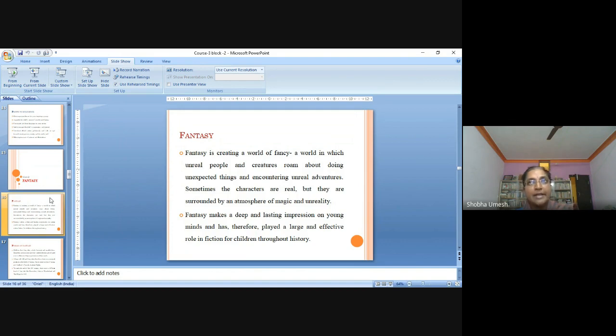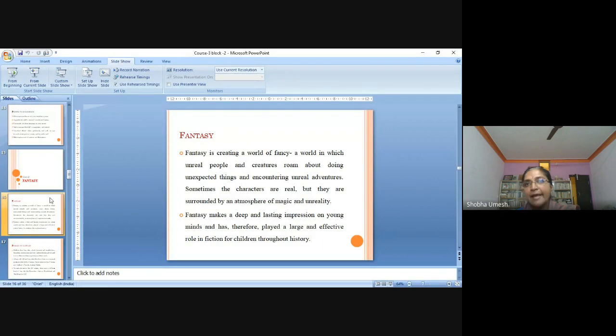That is called fantasy, and children get attracted towards fantasy. Fantasy makes a deep and lasting impression on young minds and has therefore played a large and effective role in fiction for children throughout history.